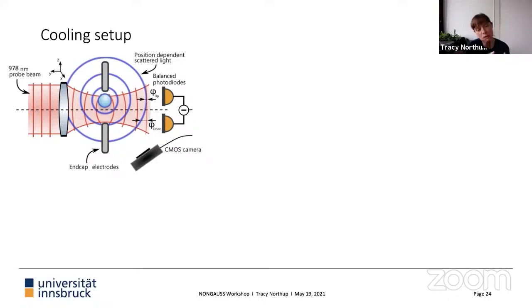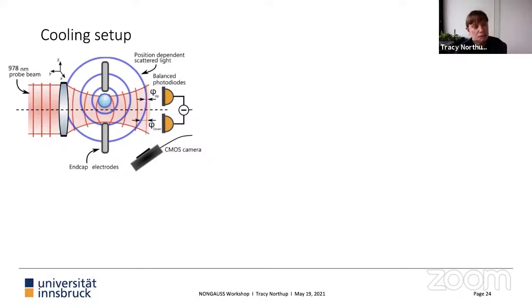And this is a summary of how we can detect the position of the particle. So what we're doing here is, on one hand, we're sending in a probing beam from the left-hand side. And this is now focused down, not too tightly, in the trapping region. And then the particle is scattering light, and the scattered light is position dependent.